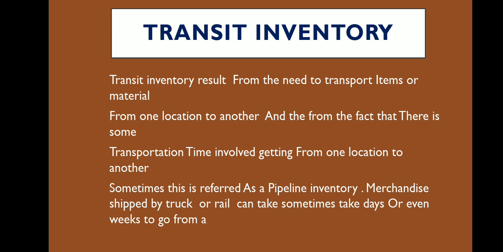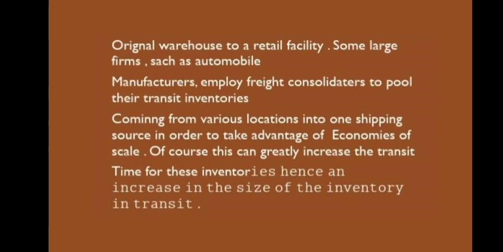Merchandise shipped by truck or rail can sometimes take days or even weeks to go from an original warehouse to a retail facility. Some large firms such as automobile manufacturers employ freight consolidators to pool their transit inventories.